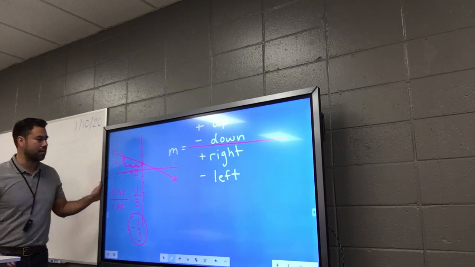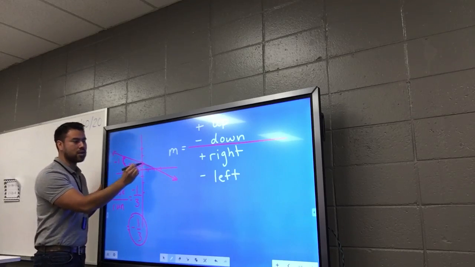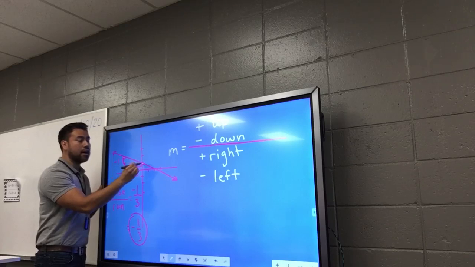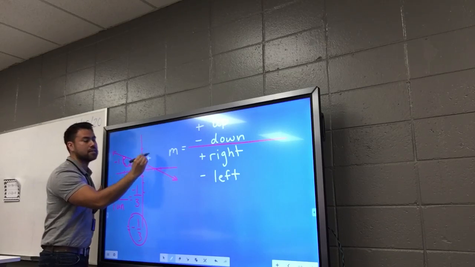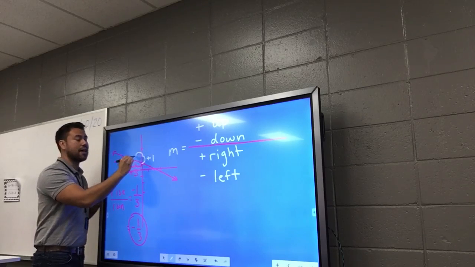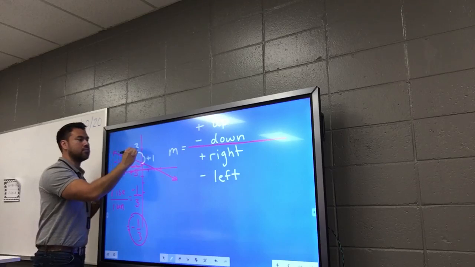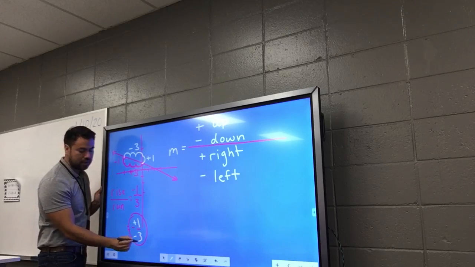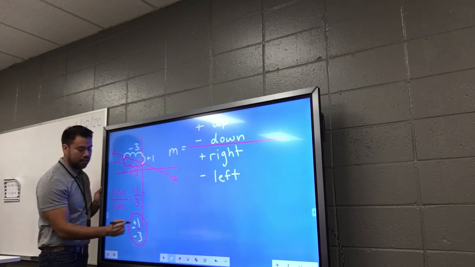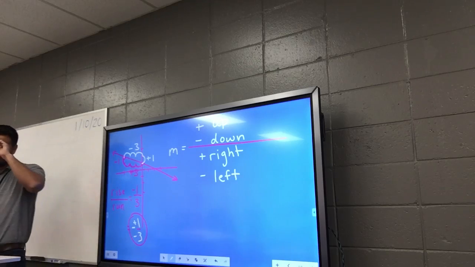And you'll get better at that. So here, I'm going to go back to this graph. What if I went from here to here? Don't I go up first? So what's up? Positive 1. What's to the left? Negative 3. I still end up with positive 1 over negative 3, which equals a whole negative 1/3.